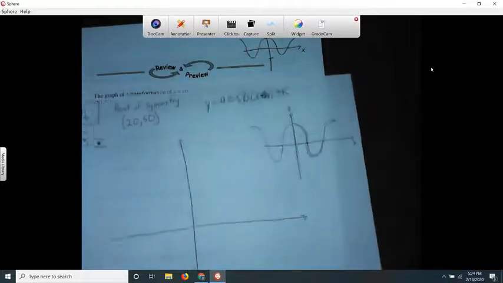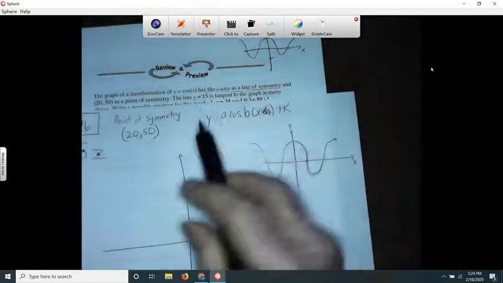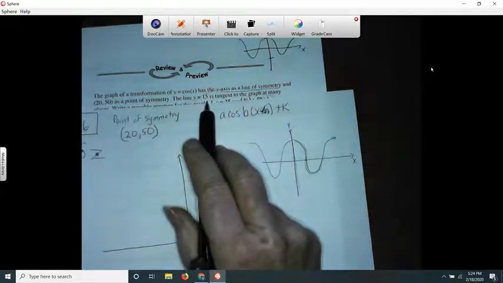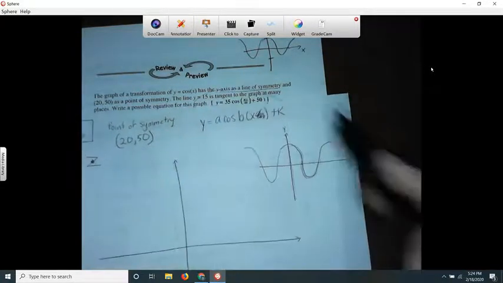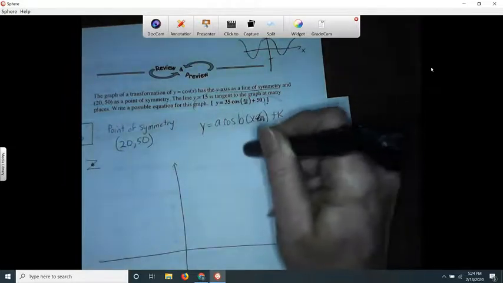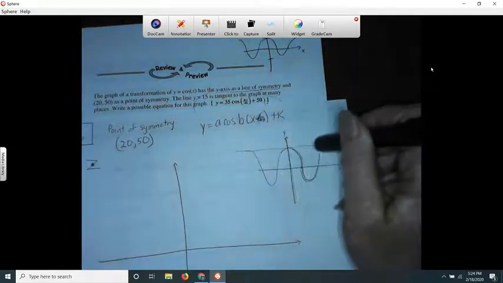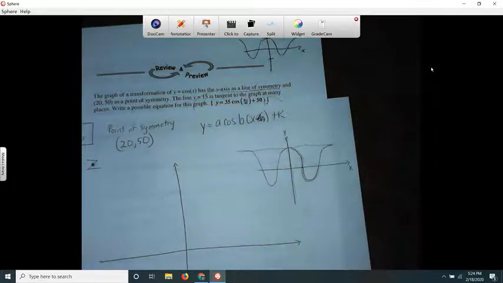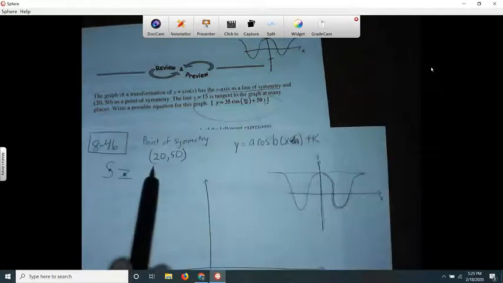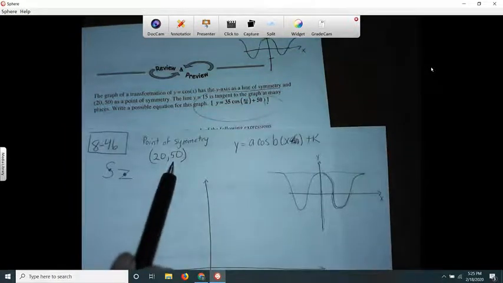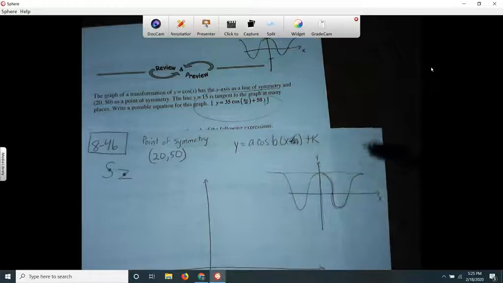So there was another piece of information. The line y equals 15 is tangent to the graph. When I saw that, I thought, oh, it must be running across the top and touching it over and over again. But it can't be on the top because I already tried that. Because (20, 50) wouldn't be allowed to go high enough if that was just the maximum of the graph.